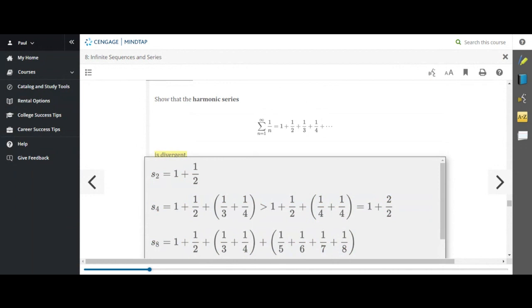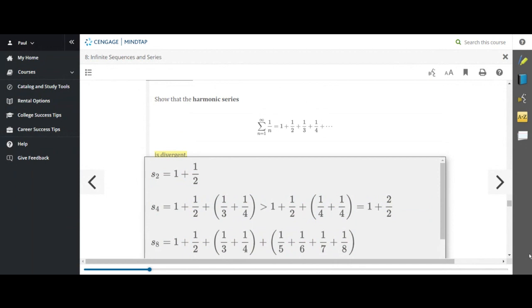But they notice that 1/3 plus 1/4 is greater than 1/4 plus 1/4. So S sub 4 is greater than 1 plus 2 over 2, because 1/2 and 1/4 and 1/4 makes 1, and 1 can be written as 2 over 2.